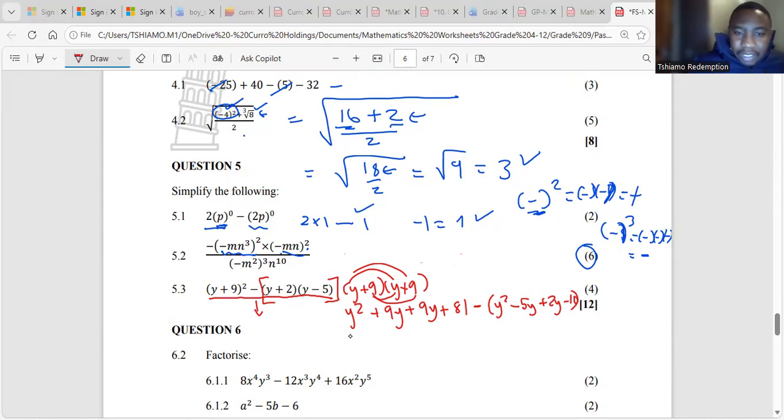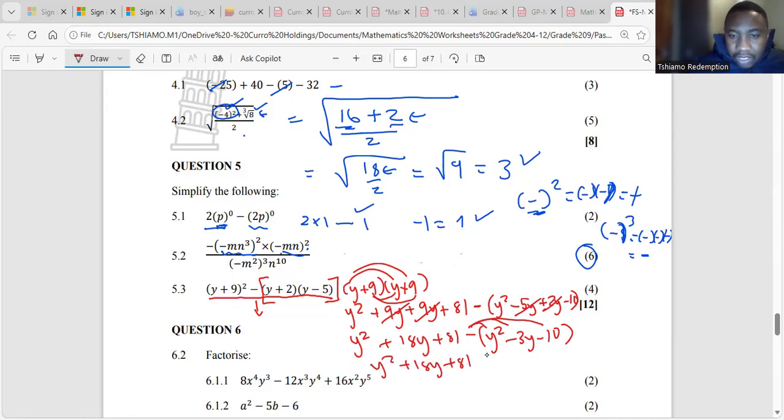And then I can add up the like terms now. Y squared, this becomes 18y plus 81 minus, I can still keep the bracket, y squared. This becomes negative 3y minus 10. Now we're dealing with a negative. Everything inside the bracket here, the sign is going to change. Y squared plus 18y plus 81.